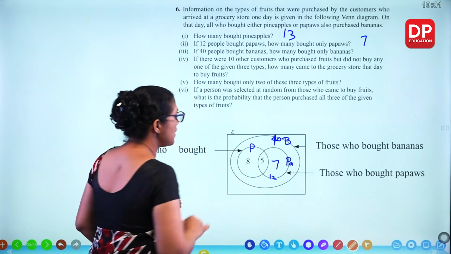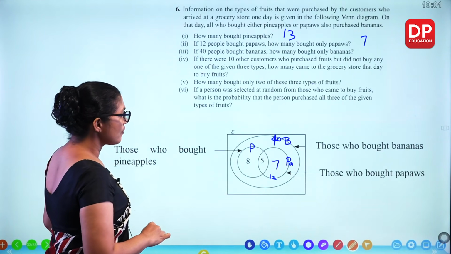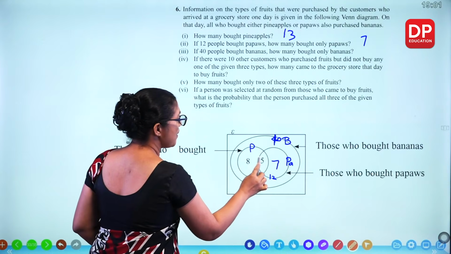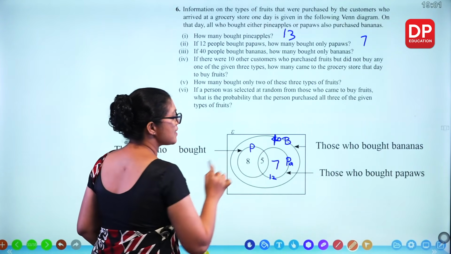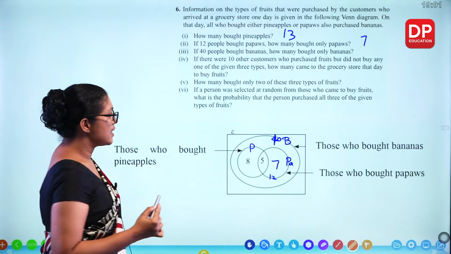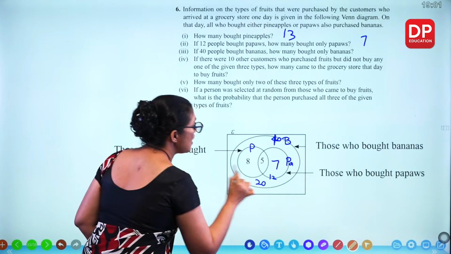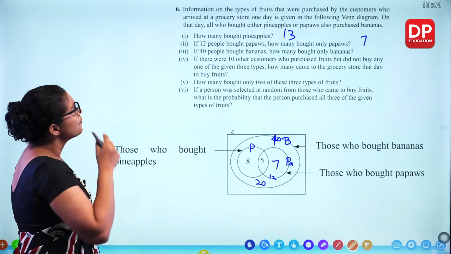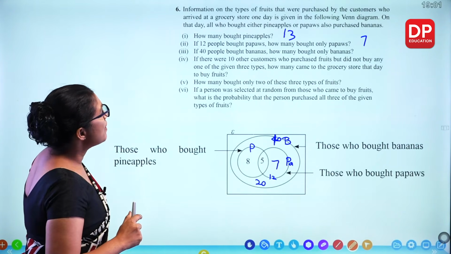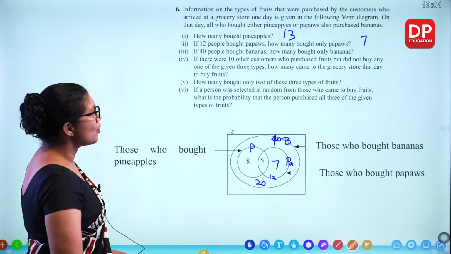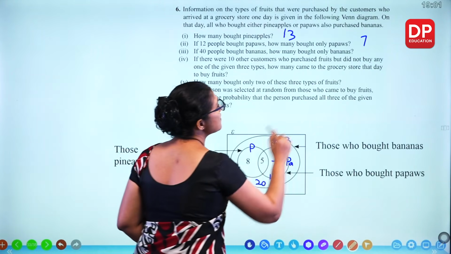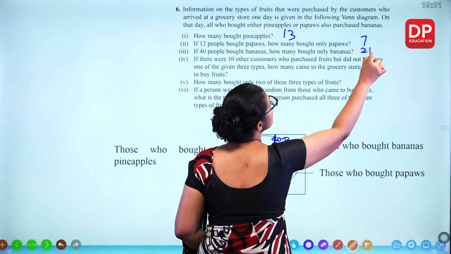Now we'll try to fill that. 8 plus 5, 13. 13 plus 7, 20. So 20 outside is there. So if 40 people bought bananas, how many bought only bananas? That means this region, that's 20.